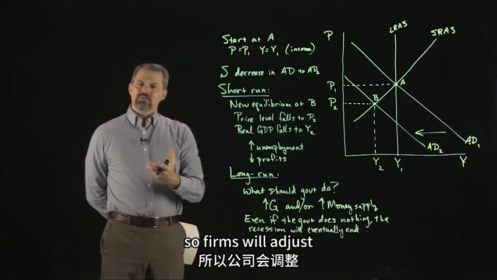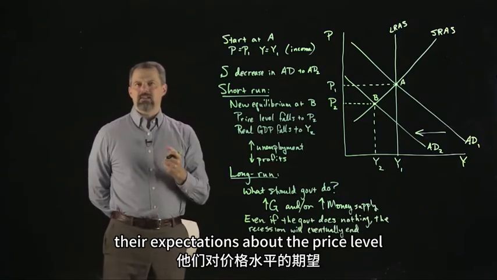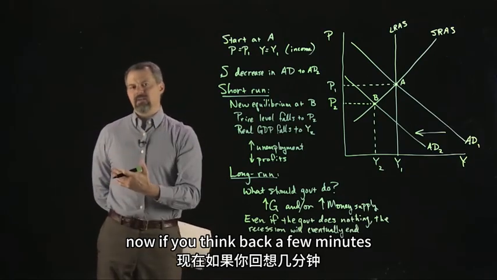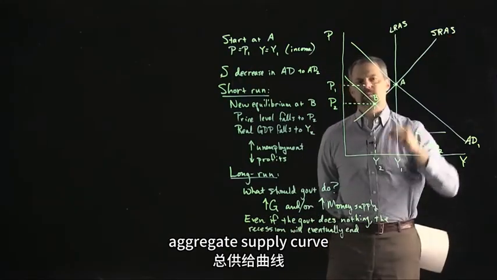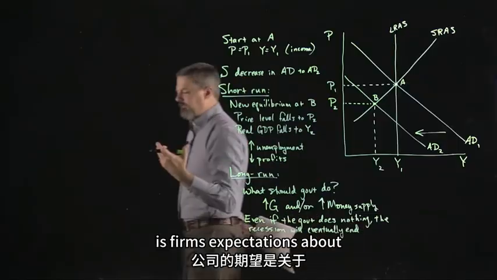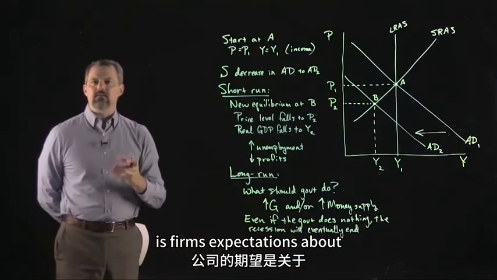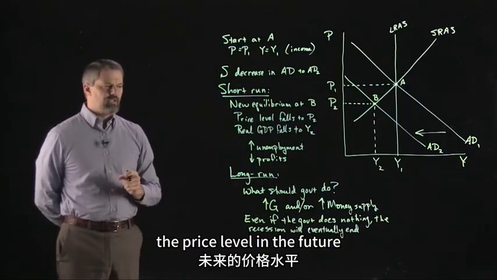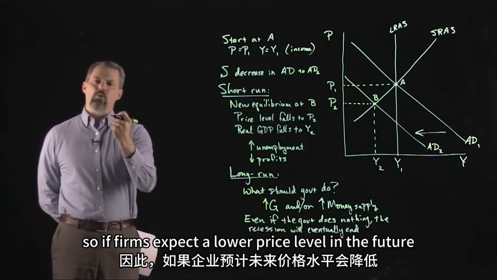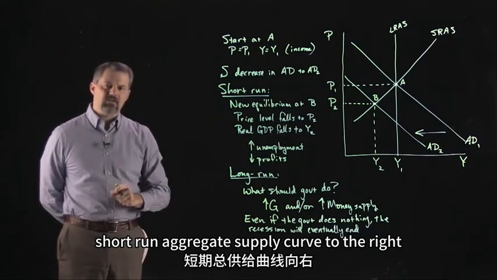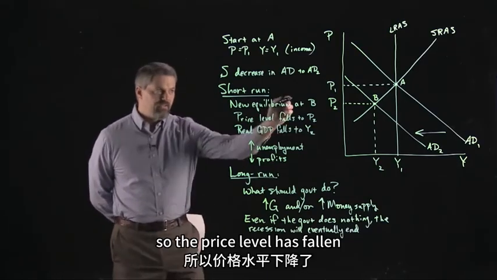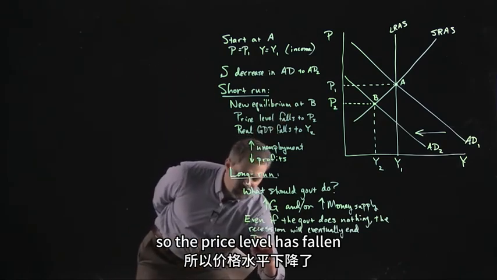So firms will adjust their expectations about the price level. Now, if you think back a few minutes, you'll remember that one of the things that shifts the short-run aggregate supply curve is firms' expectations about the price level in the future. So if firms expect a lower price level in the future, then that shifts the short-run aggregate supply curve to the right. So the price level has fallen.